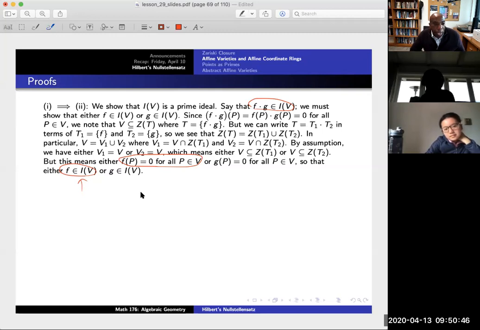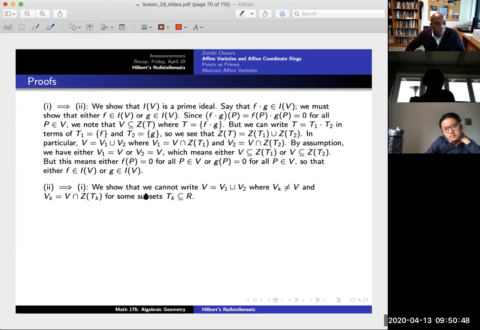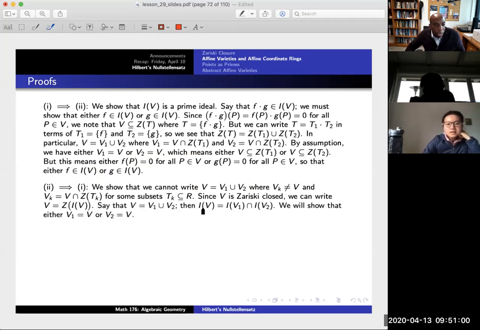The other direction is also very similar, that if you wanted to, say, assume that I(V) is prime, then you want to prove that you cannot write this as a composition in this way. So roughly speaking, you know that if V is a union in this way, then I(V) here has to be this intersection.